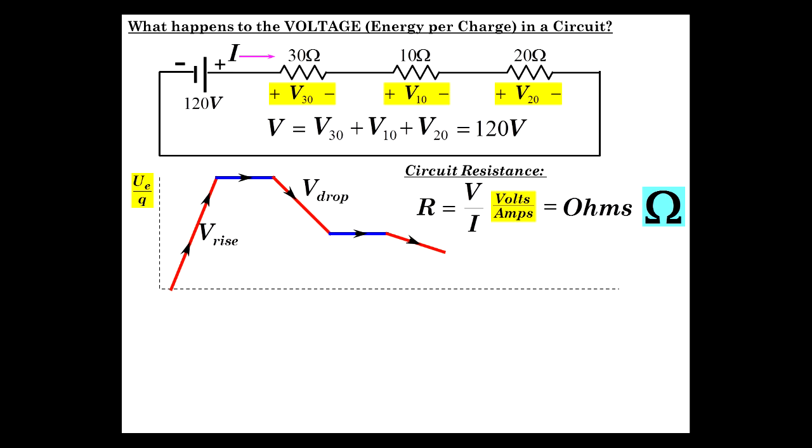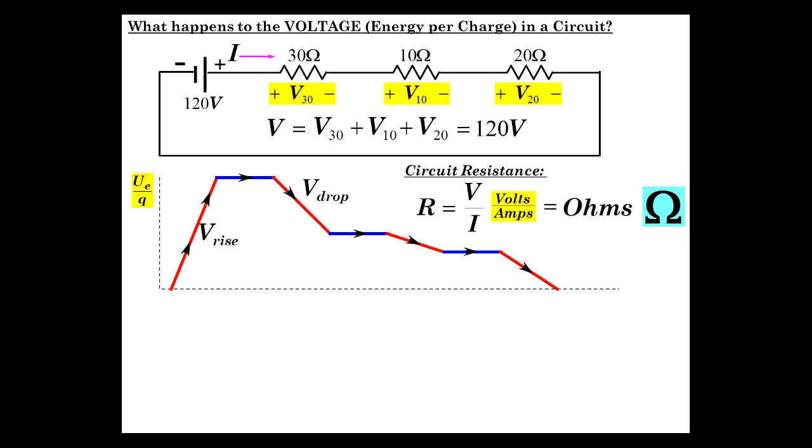Of course, less, because it's only a 10 ohm, whereas this was a 30 ohm. And then again, maintain till we get to the 20 ohm resistor, and then that drops all the way down to the potential of the negative plate, same as over here. This is all a single conductor, and there's no further drops in the conductor, all the way down to the 0 point.